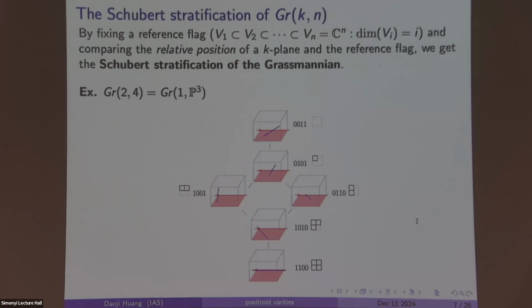The possible relative positions are parameterized by the intersection of this K-plane with every step of the flag, and this data can be translated to a K-element subset of an N-element set. Are we all good with this? Okay.